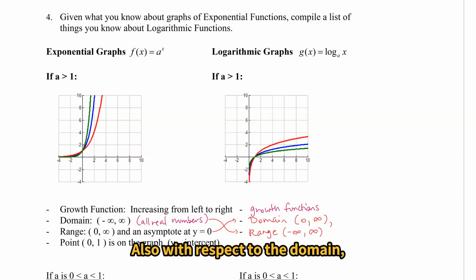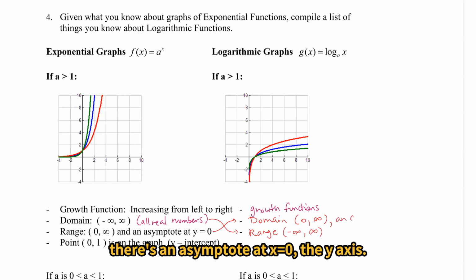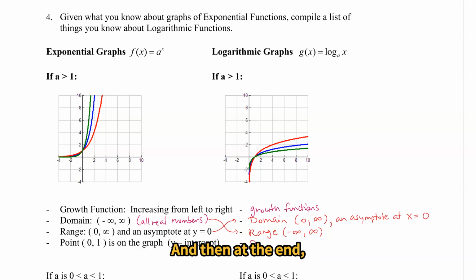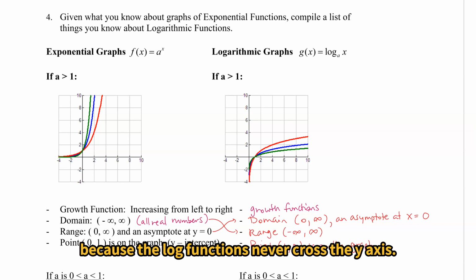Also, with respect to the domain, there's an asymptote at x equals 0, the y-axis. And then at the end, we don't have 0, 1 on the graph, we have 1, 0. And it's not a y-intercept because the log functions never cross the y-axis.